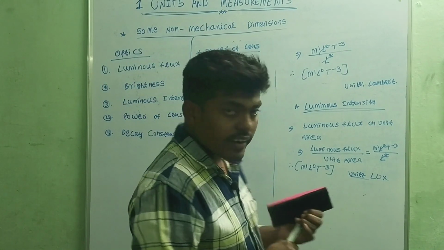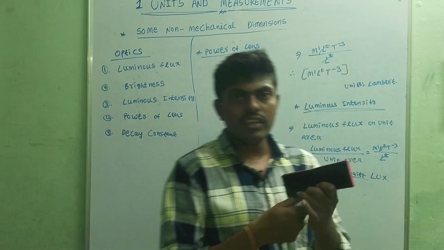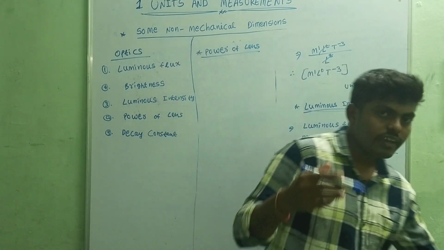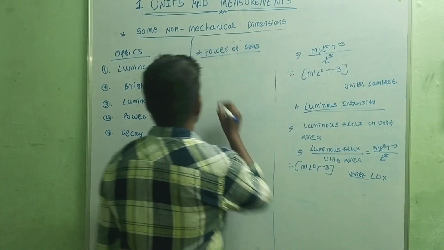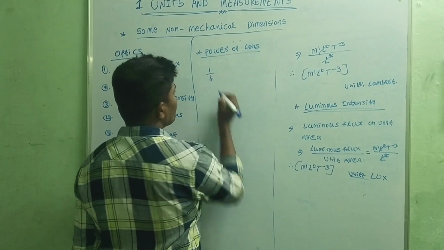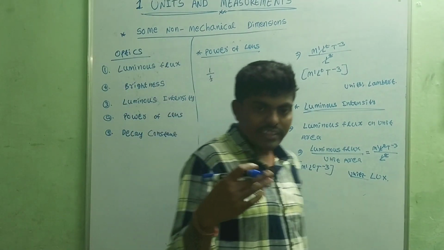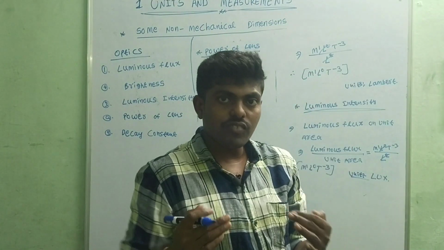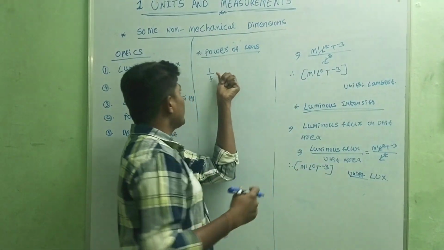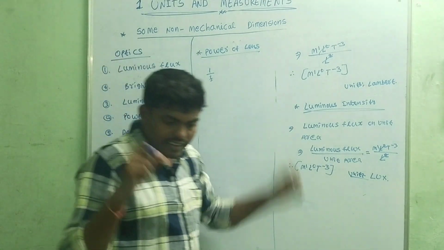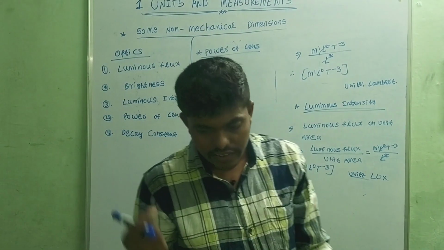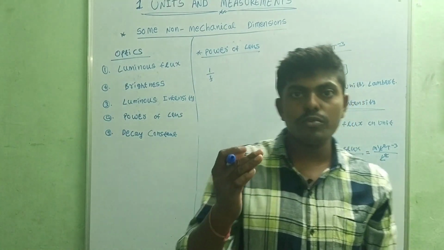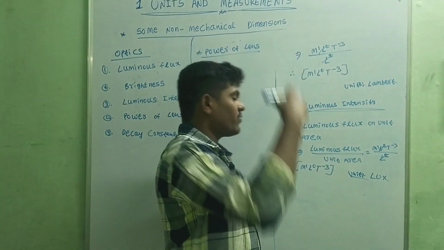According to our definition, the formula for power of a lens is 1 by focal length f. Length is measured in meters, so the dimensions of length are L1. Here the length is in the denominator. When the length becomes a numerator, its power is minus 1.